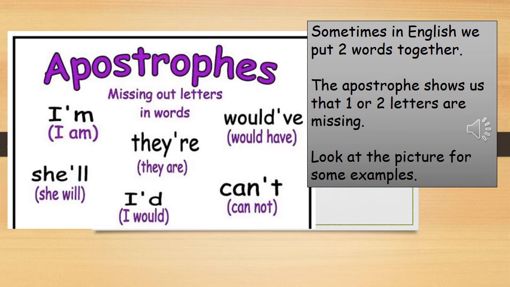Here we actually have four letters go missing. W, O, U, L go missing. We only keep the letter D. I would go out tomorrow, but I'm too tired. I'd go out tomorrow, but I'm too tired. And of course it also works for a negative one. Cannot, we change it to can't.